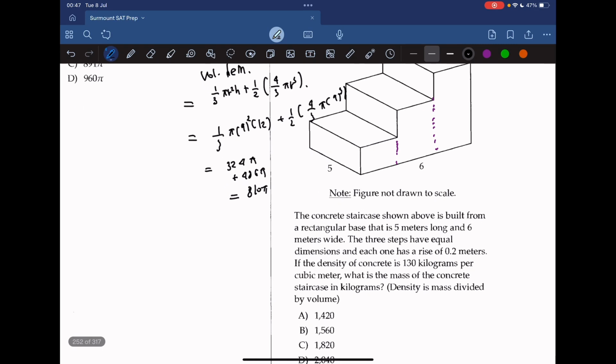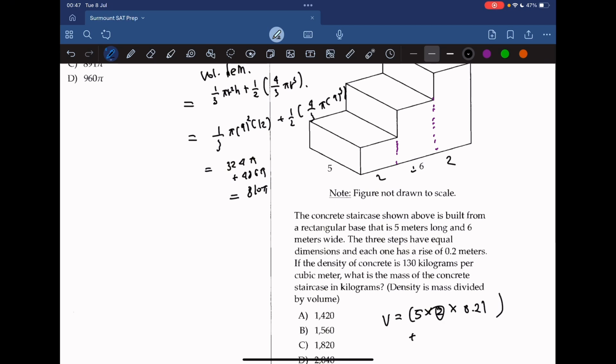So the volume is, we have 5 times 2, right, times 0.2. Each one has a rise of 0.2, so it's 0.2. And because we're cutting it equally into 3 blocks, that's why the length is 2.